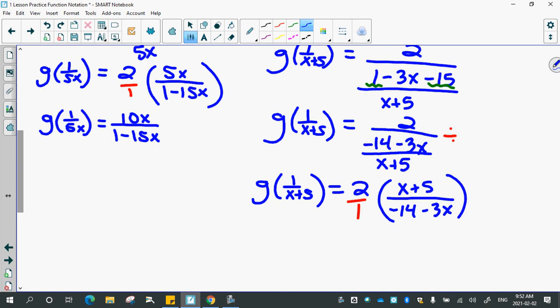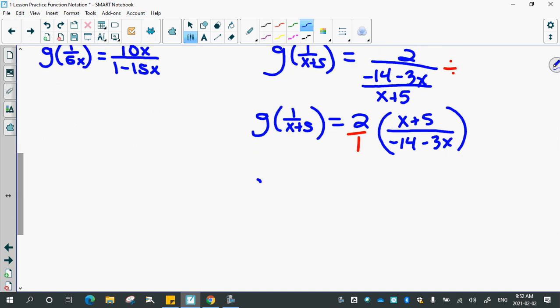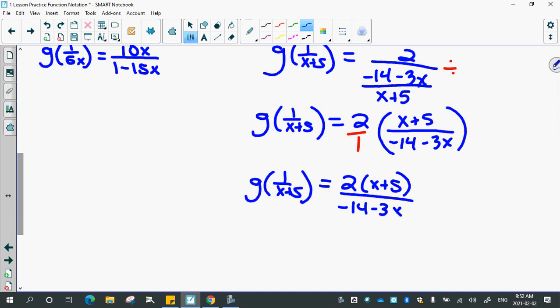Rather than multiplying the 2 through using the distributive property, you can just leave it like 2 brackets x plus 5 over negative 14 minus 3x. It's not wrong to do 2x plus 10. It's just, especially in calculus, you'll be going towards simplified factored form, so you don't have to do that multiplication.